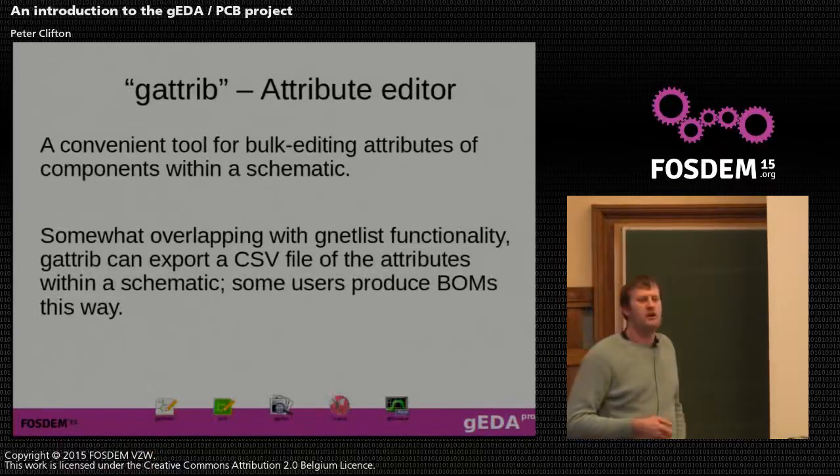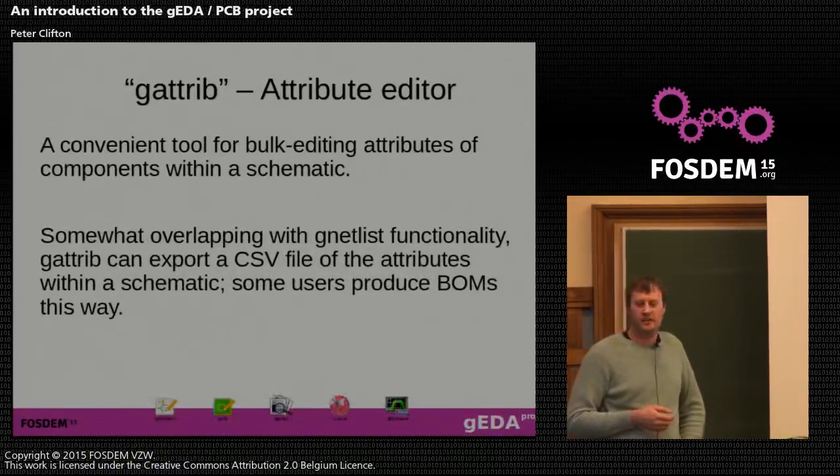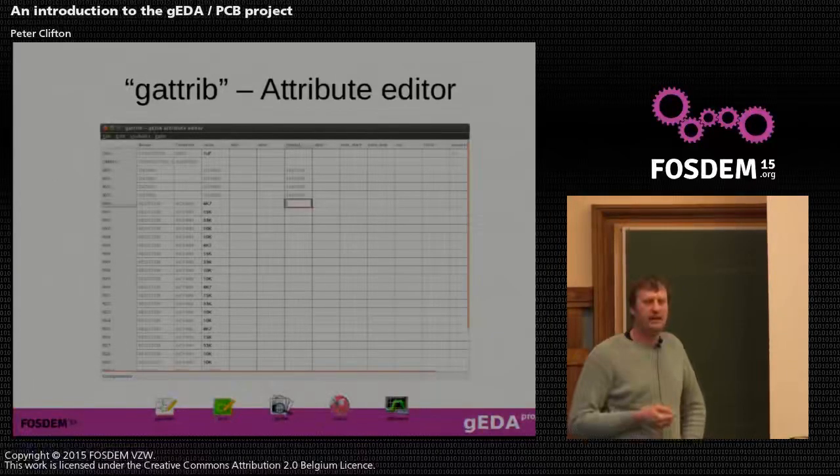gnetlist is obviously a critical part of the tool. Up to this point, we've got pretty graphics in a file format that you won't read in Inkscape. gnetlist is a tool for extracting useful information from our schematics. It's written in a mixture of C and Guile Scheme to make sure no one can contribute to it.